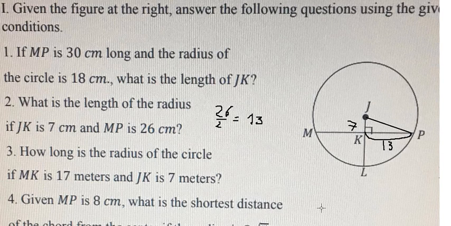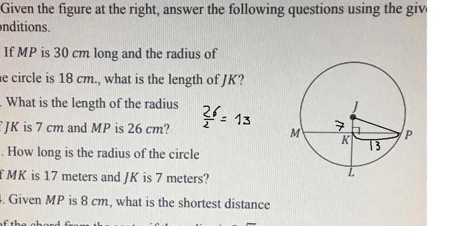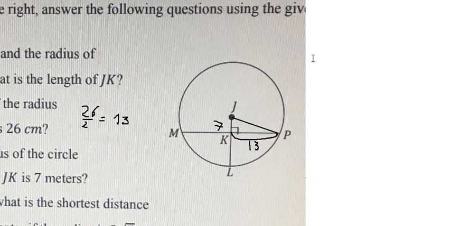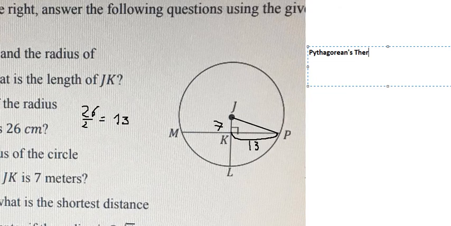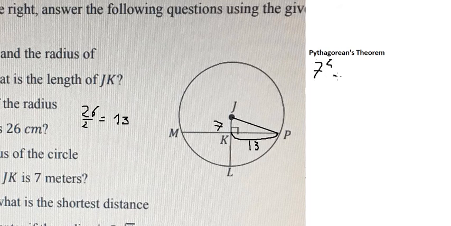So we apply the same technique we just did. That's the Pythagorean theorem. So we will have 7 squared plus 13 squared equals JB squared. We calculate the number in here.